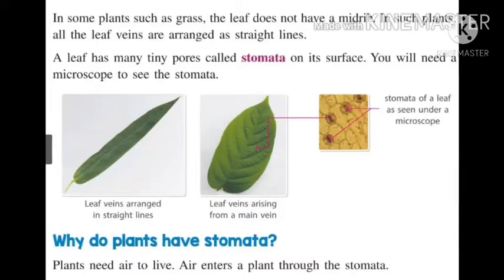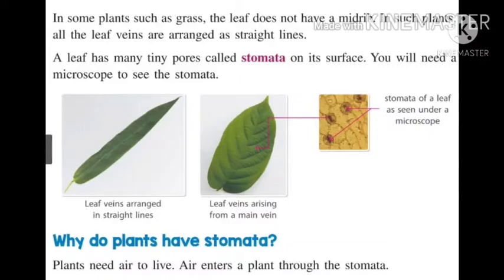Now observe both the pictures of leaves on your screen. In the first picture we can see that the leaf veins are arranged in straight lines. But in the second picture we find that the leaf veins are arising from a main vein, that is the midrib, as we know.